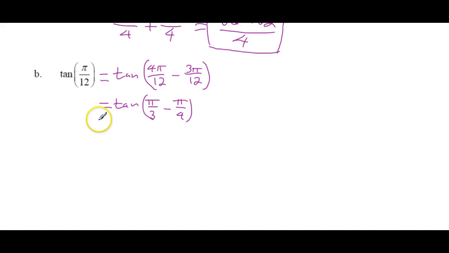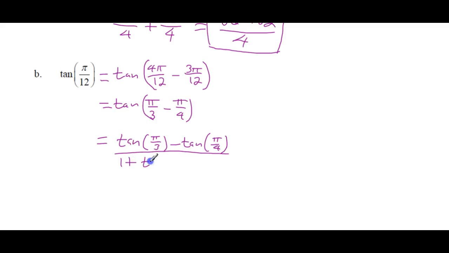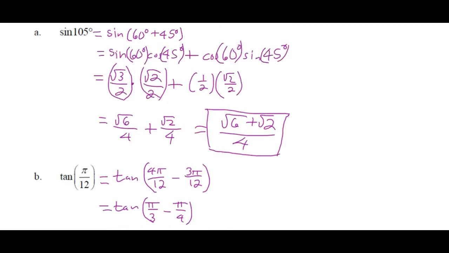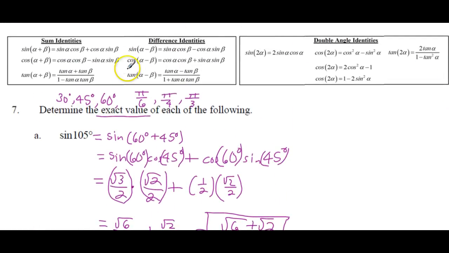Now we use the formula for the difference of tans. It's the tan of the first, pi over 3, minus the tangent of the second, pi over 4, all over 1 plus the product of these two, tan pi over 3 times tan pi over 4. Again, we're using a difference identity here. Remember, 4/12 is actually pi over 3, and it's equivalent.